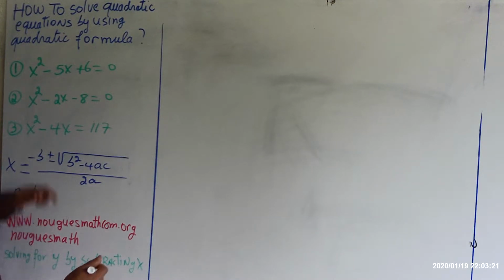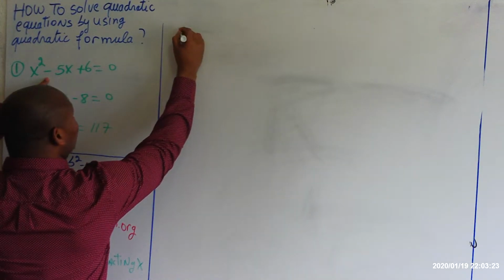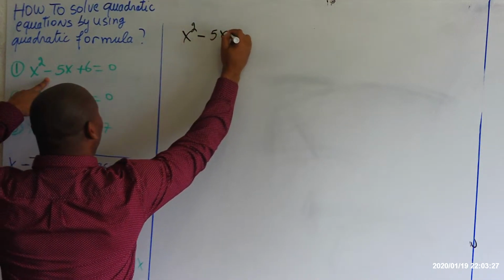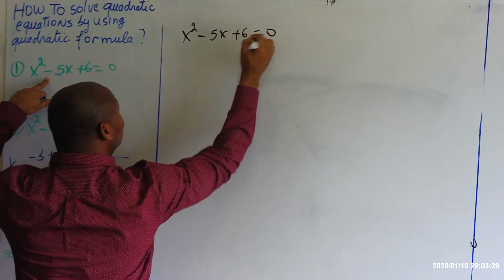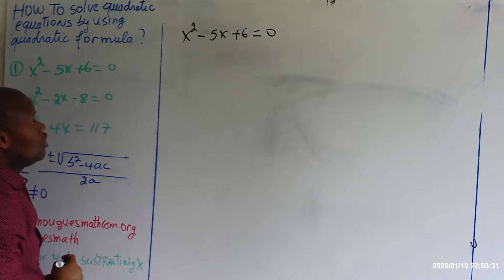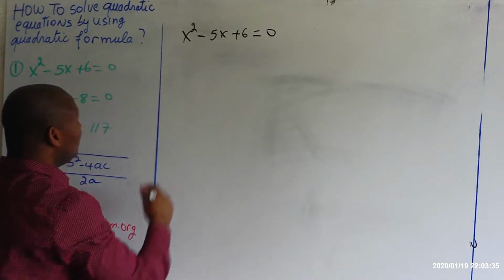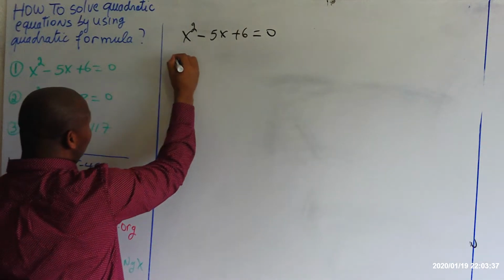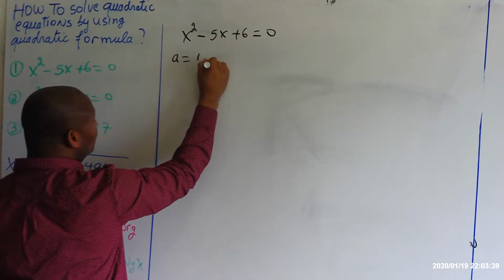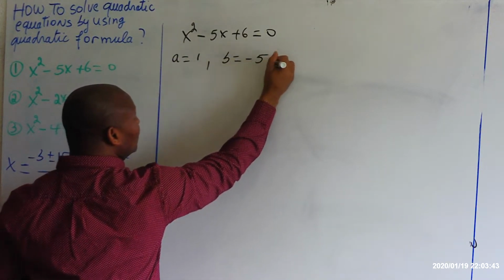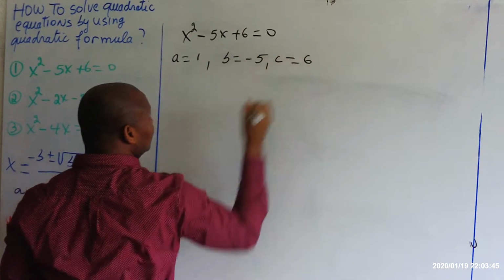Okay? So let's start. We have x squared minus 5x plus 6 equals 0. When we use the quadratic formula, you have to identify the terms you have. For example, we have a equals 1, b equals negative 5, and c equals 6.